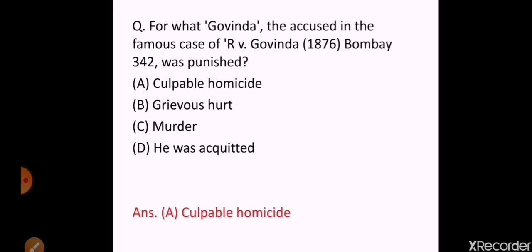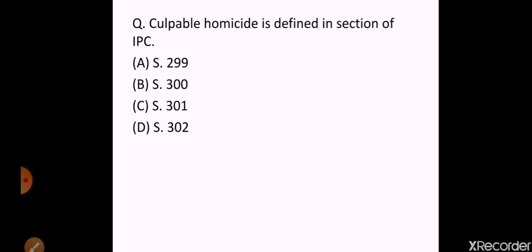The next question is, which section of IPC defines culpable homicide? This was asked in the APO CBI examination, and this is also important, though it is a direct question, yet people do get confused.